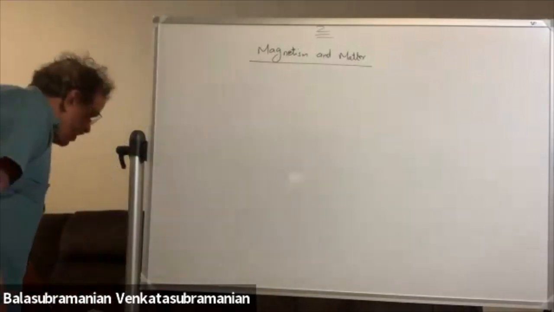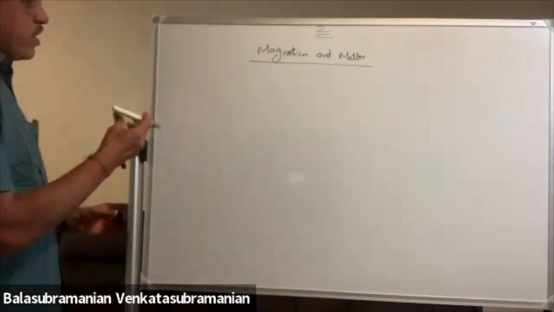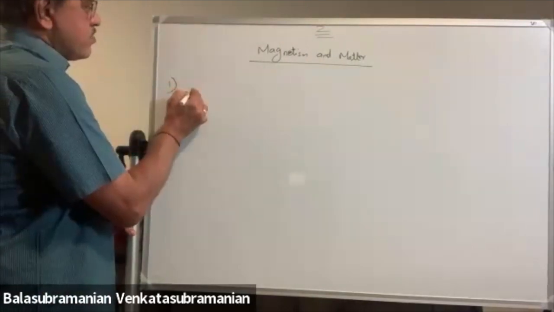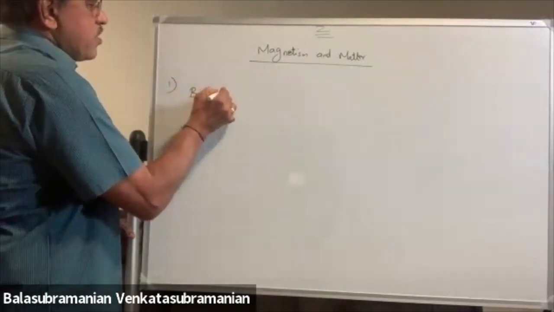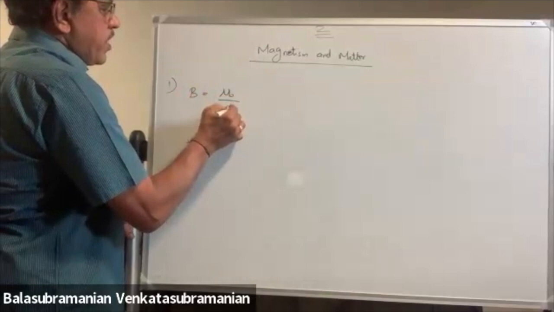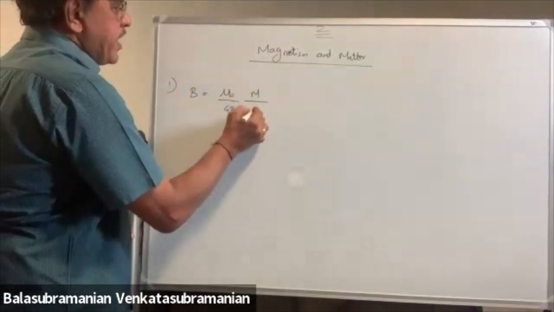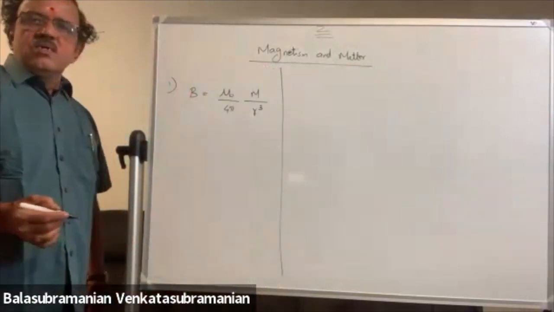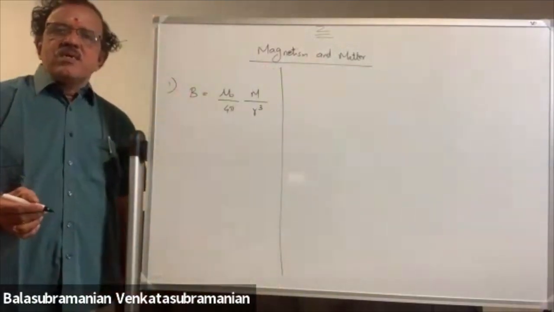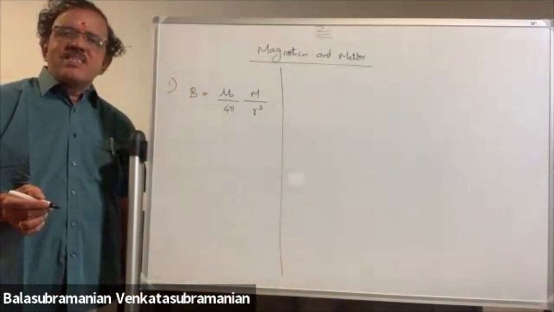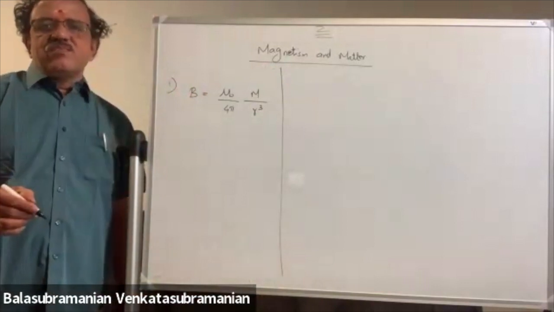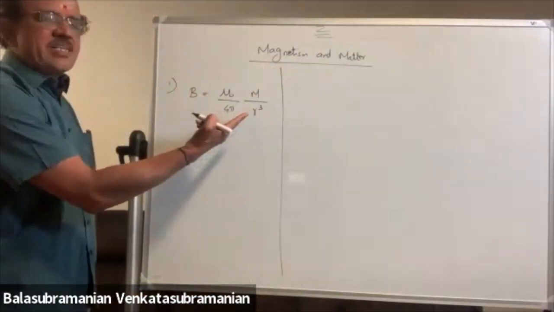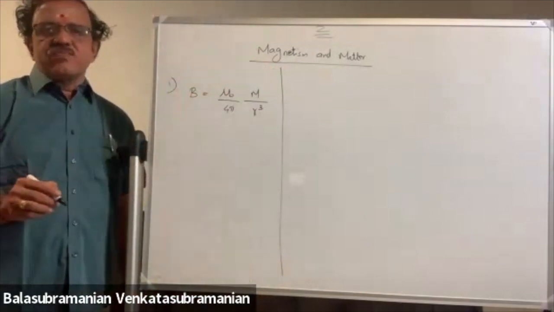Earth magnetic field, basic formula, B is equal to mu naught by 4 pi, M by d cube or M by r cube. This is a problem related with earth magnetic field. So the distance here is nothing but the radius of the earth.